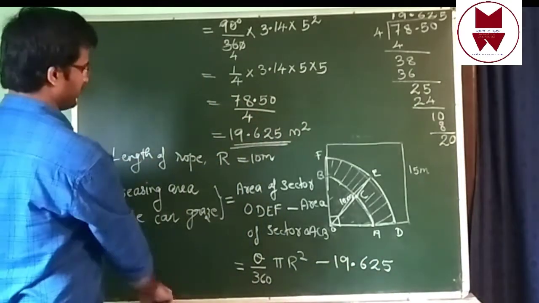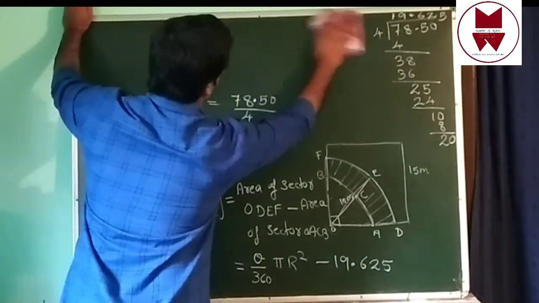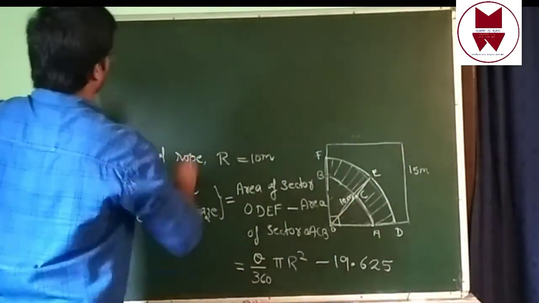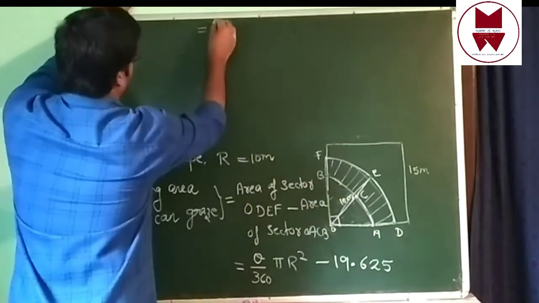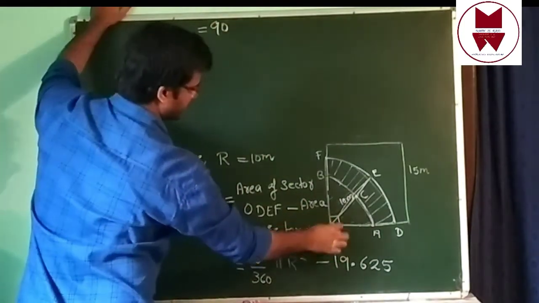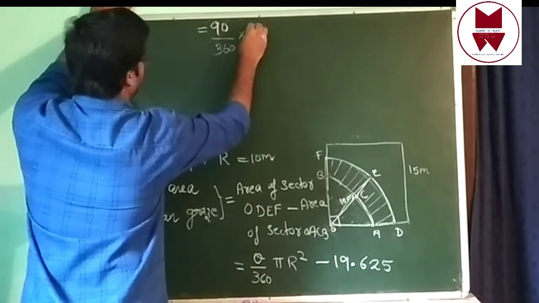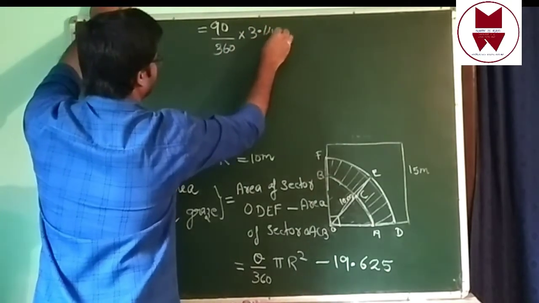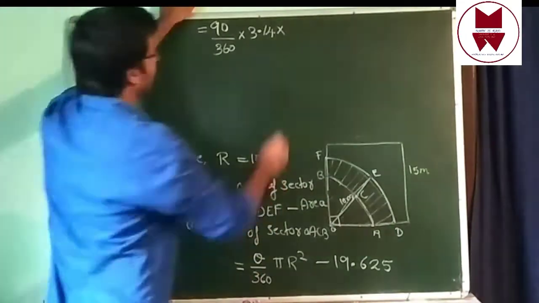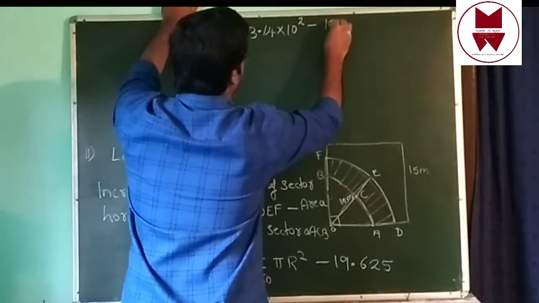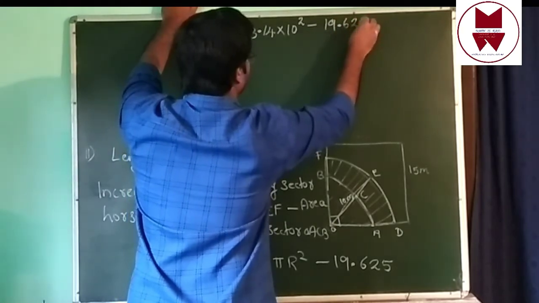That answer we already got in Roman number 1. Here theta is 90 only. So 90 divided by 360, pi means 3.14, R square, R means 10 square, minus 19.625.